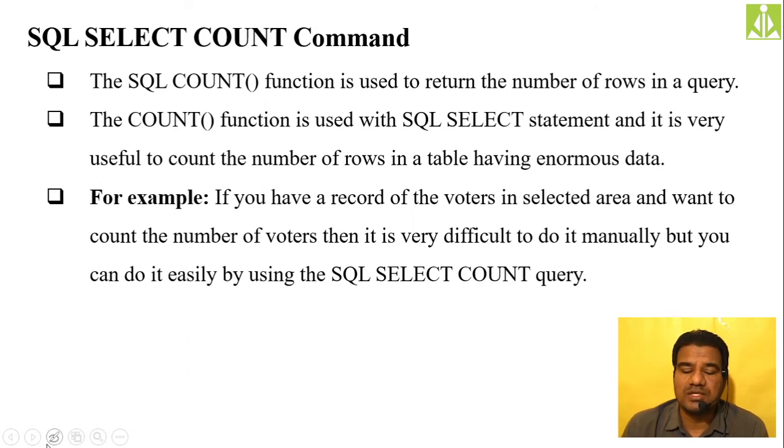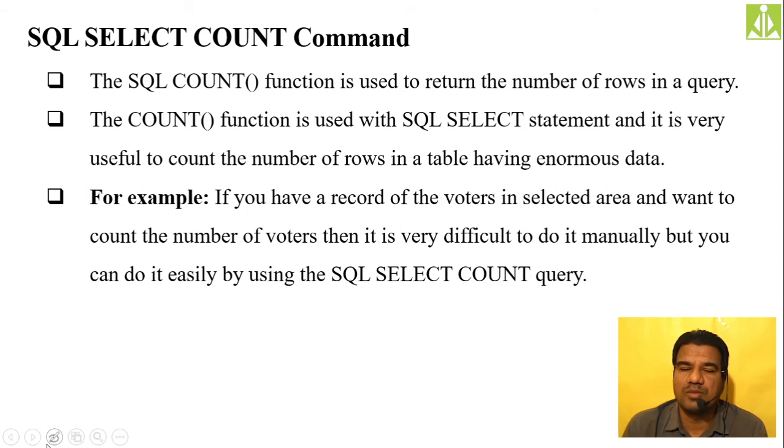So the SQL COUNT function is used to return the number of rows in a query. When we say the number of rows in a query, it means the number of rows which satisfy the query. The COUNT function is used with the SQL SELECT statement, and it is very useful to count the number of rows in a table having an enormous amount of data.